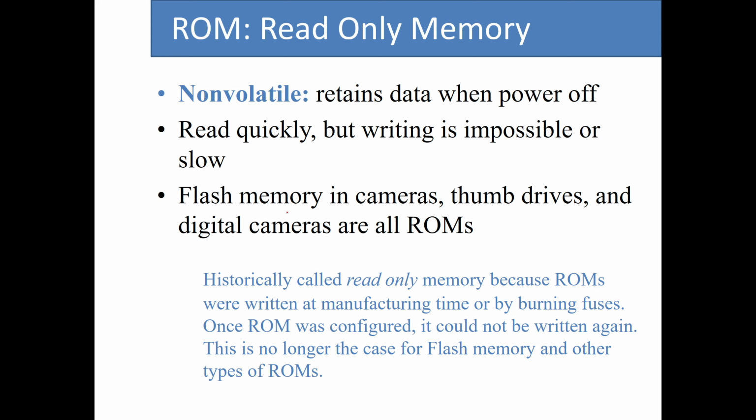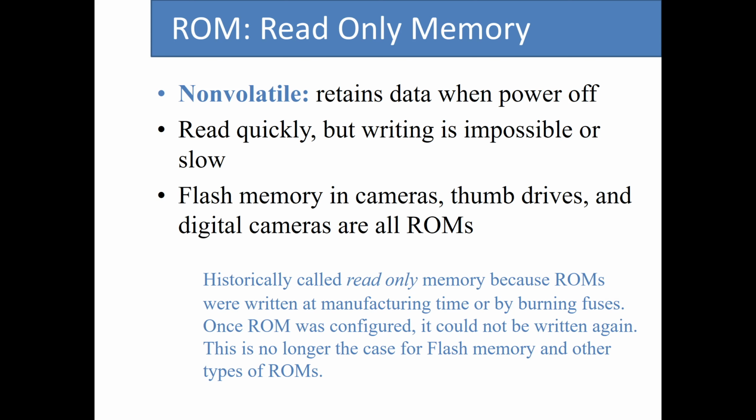The reason is that this type of memory is historically called read-only memory because back in the day when ROMs were invented, you could not easily write on them. The act of writing data usually happened during the manufacturing process or by burning fuses, which were not reversible.